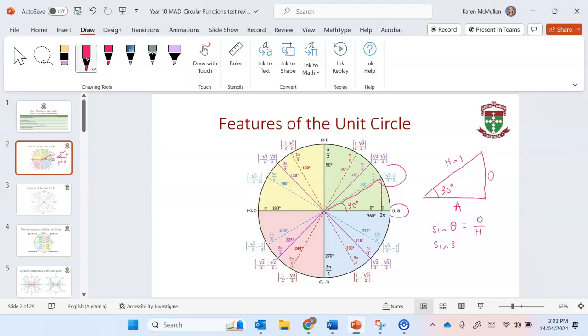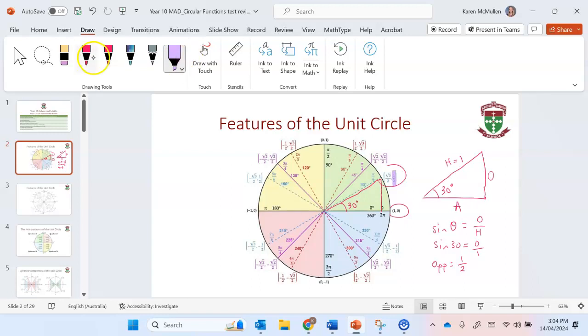Our angle is 30 degrees, opposite we don't know, and hypotenuse is 1. So the opposite side is equal to sine 30, which on my calculator is 1/2. You'll notice that value has been given to you here.